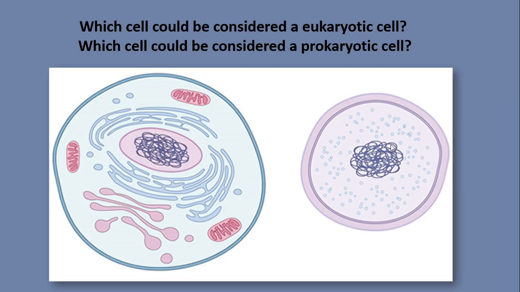We can see what looks like mitochondria, smooth and rough ER, and other things that look like the Golgi apparatus. So we can assume that the image on the left is a representation of a eukaryotic cell, while the image on the right is a representation of a prokaryotic cell.